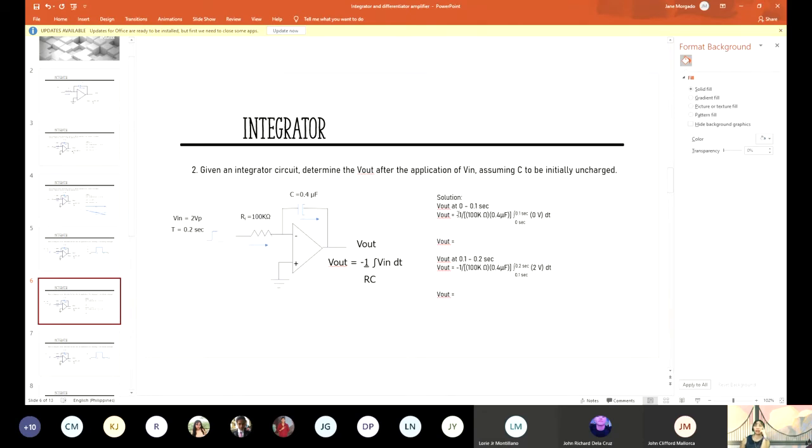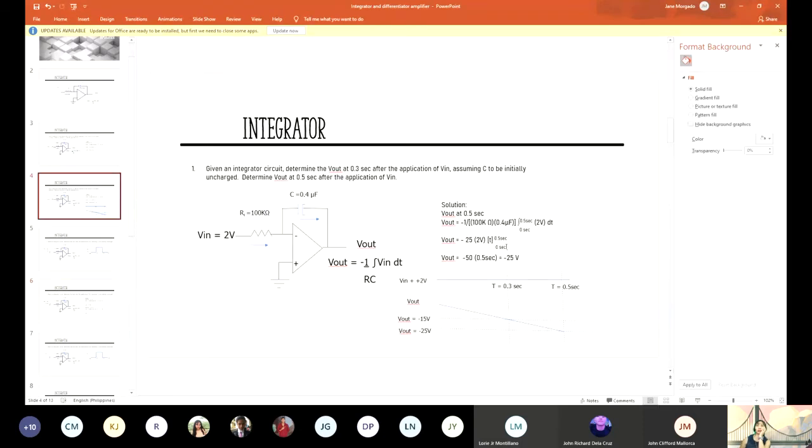So we have, okay, so this is, again, this is negative 25. Since we have the same given, so we can say that this is negative 25 times 0. Okay, the input is 0 volt times T. Times T. Copy na natin.